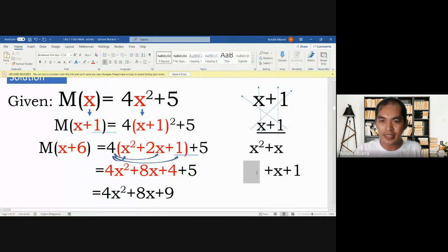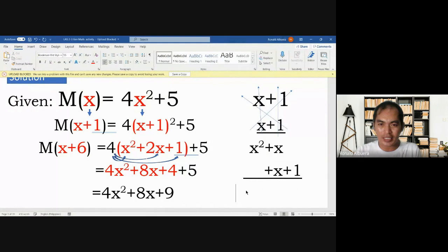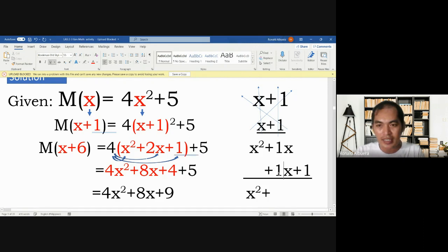Then, your next step is to add. You're going to add. So bring down x squared, and then similar positive x plus positive x. So you just copy the common variable, just add the numerical coefficient. It has 1 here and it has 1 here.